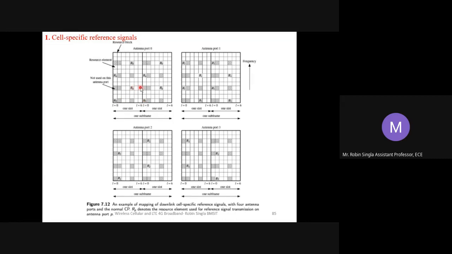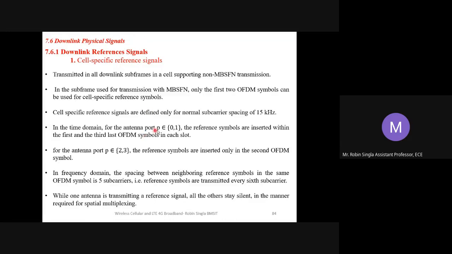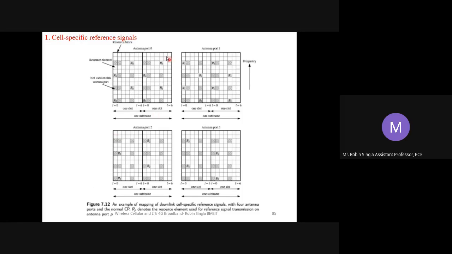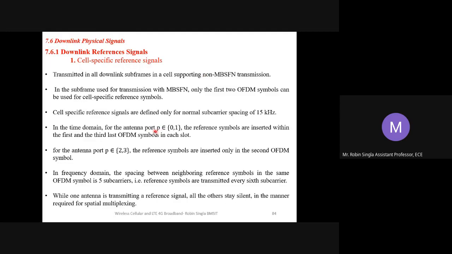So for ports 0 and 1, it should be inserted within the first and third last OFDM symbol. So you see for port 0, in slot 1, where is it inserted? In the first one, and here it is inserted in the third last. Similarly for port 1, it is inserted here in the third last, and here in the first. So for antenna ports 0 and 1, reference symbols are inserted within the first and third last.